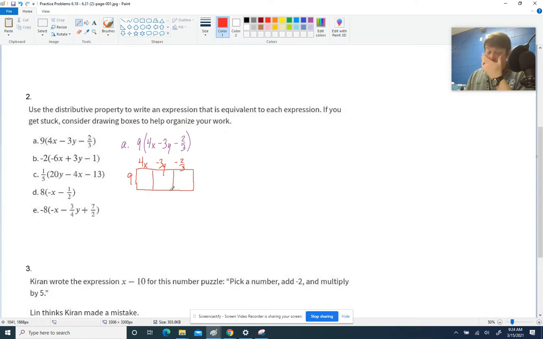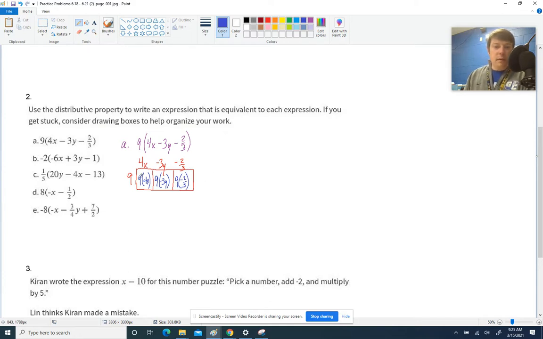And the area of the entire thing would be the same as multiplying 9 times all of that stuff being subtracted. So our answer would be every one of these expressions on top multiplied by 9. So for example, 9 getting multiplied by 4x's, 9 getting multiplied by negative 3y, 9 getting multiplied by negative 2/3, 9 times all of them.